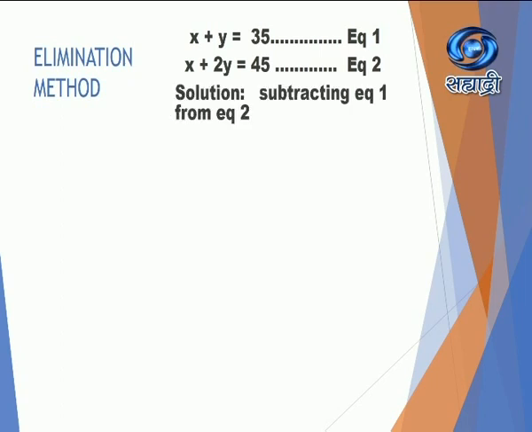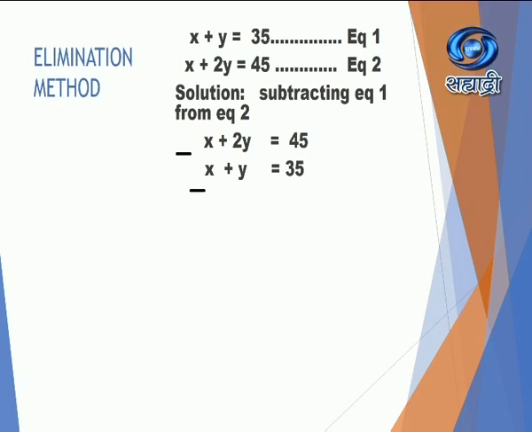So the first step will be to subtract equation 1 from equation 2. That will be x + 2y = 45 minus x + y = 35. As the minus sign is there, obviously the signs of the second equation are going to change.